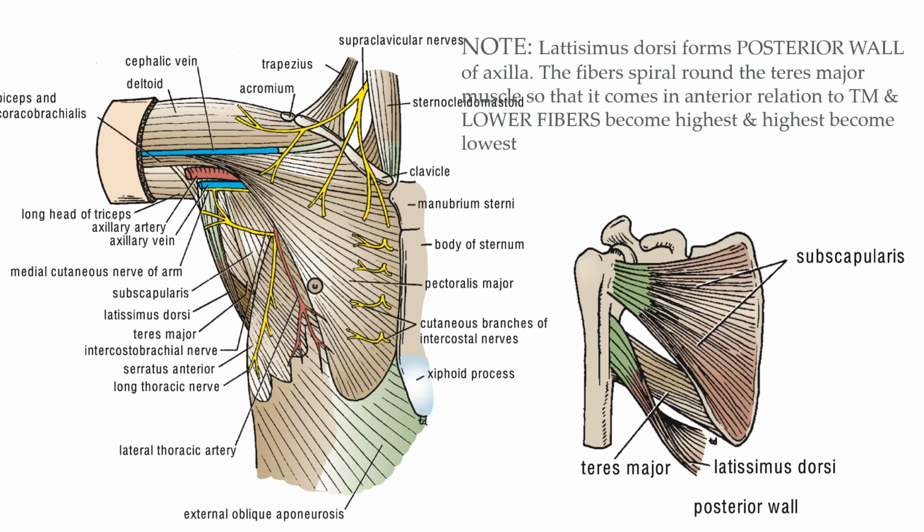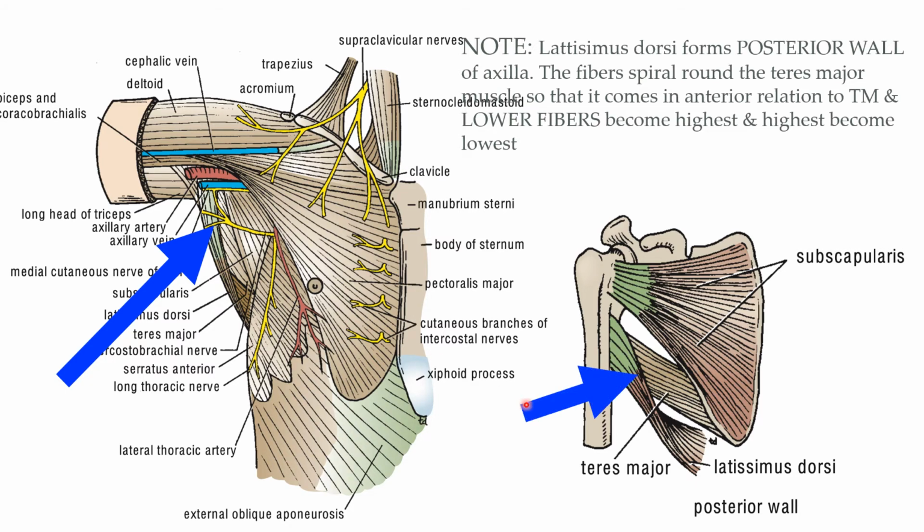The latissimus dorsi becomes aponeurotic before getting inserted over the floor of the bicipital groove. The illustration on the screen shows how this aponeurosis spirals round in order to get attached to the floor of the bicipital groove.